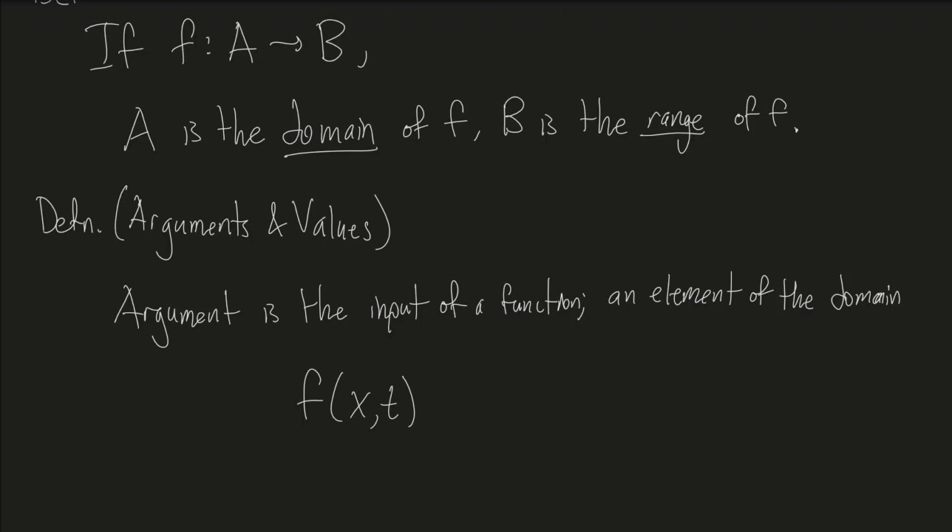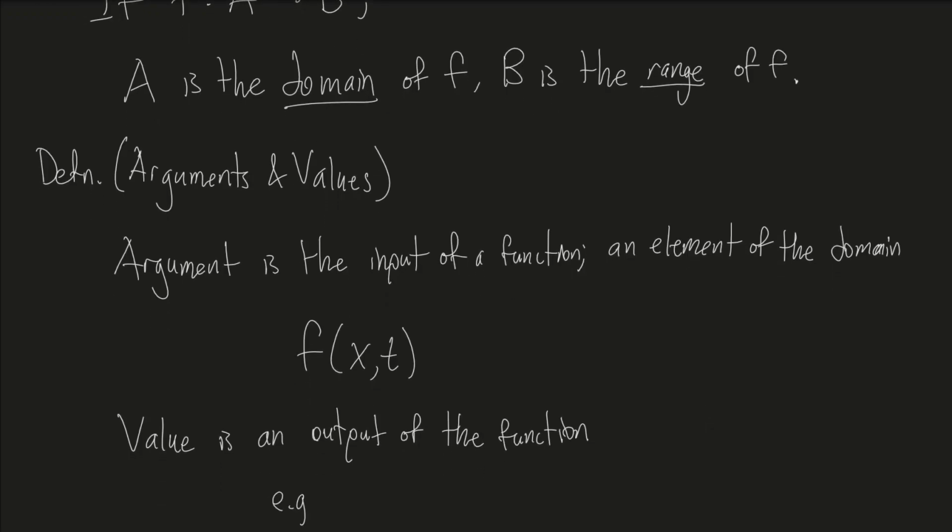Okay, and then the value, given a specific argument, a specific input, is an output of the function. So e.g., when we had b equals f of a, right?